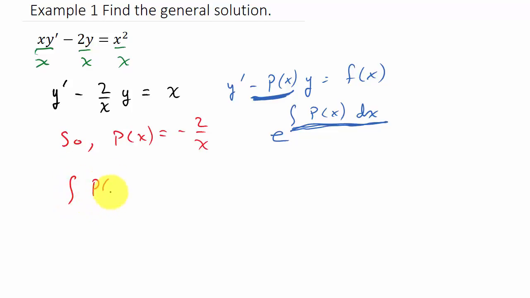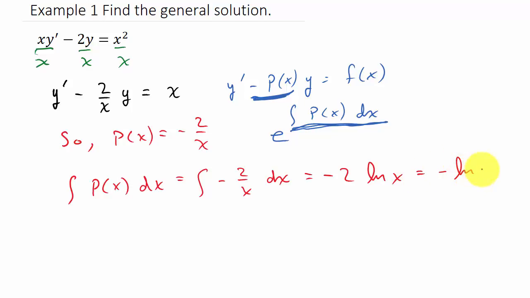The integral of p of x dx is equal to the integral of negative 2 over x dx, and that is equal to negative 2 times the natural log of x. You should know that integral. So this is equal to negative natural log x squared.